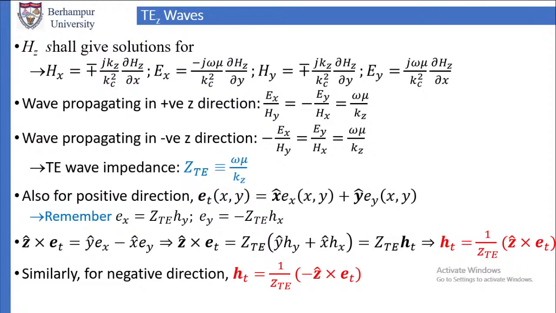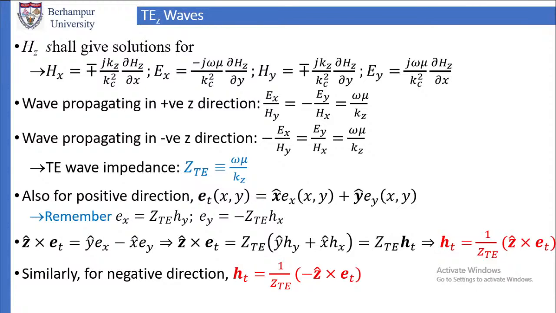Now remember one thing. Ex will be equal to ZTE Hy. From where do you get Ex is equal to ZTE Hy? Since we have found out ZTE, ZTE is equal to Ex by Hy, that we know. Capital Ex by capital Hy. Now capital Ex is equal to small ex into exponential minus plus jk subscript z into z.